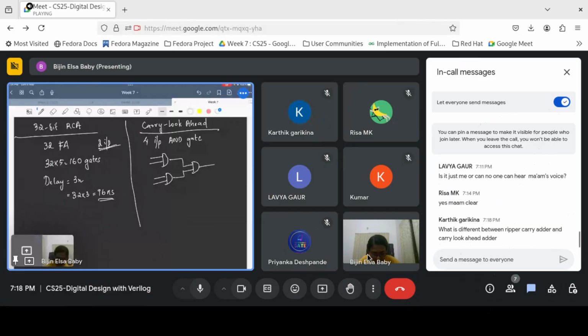Another way, we can implement it like this. So for an n input AND gate, we need n minus 1, 2 input AND gates.